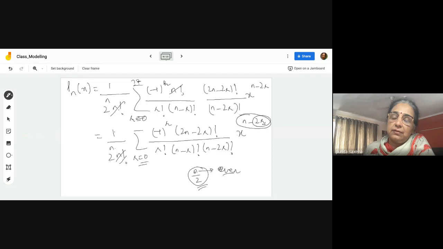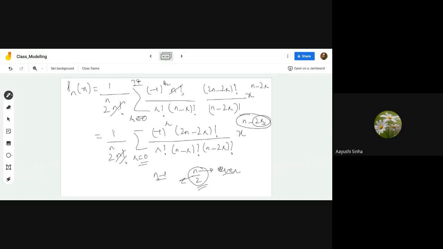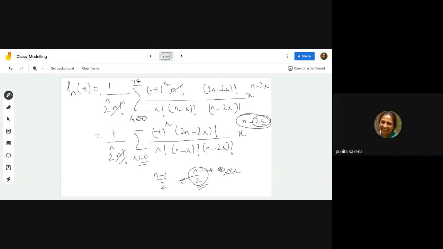If n is odd, it should end at the even integer just before that. So what is that? n minus 1 by 2. Is this okay or not? Because after that it will start becoming negative, which we don't want.